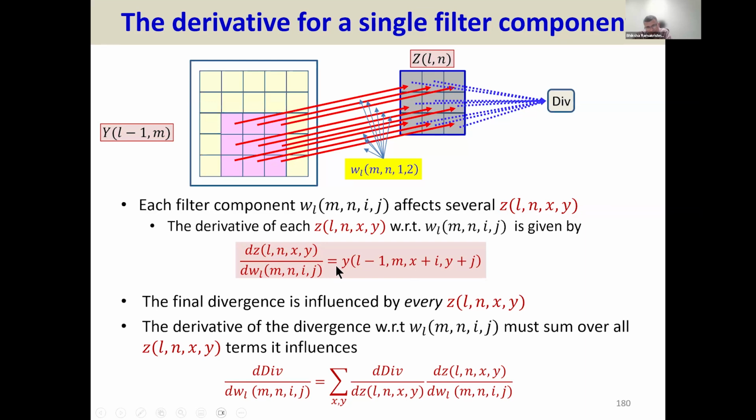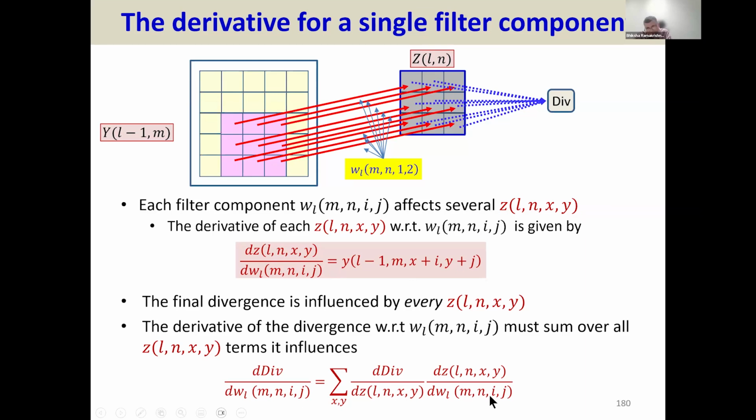Right. And so if you look at this equation at the bottom, the derivative of the divergence with respect to Wij must sum over all the elements of the output map. The term that is summed is the product of the derivative of the divergence with respect to ZXY times the derivative of ZXY with respect to Wij.